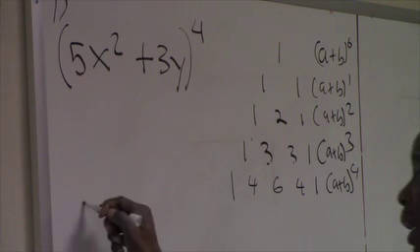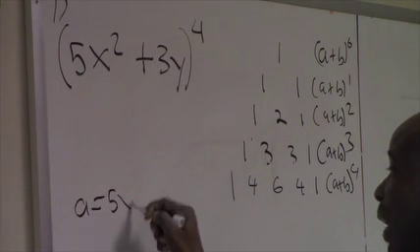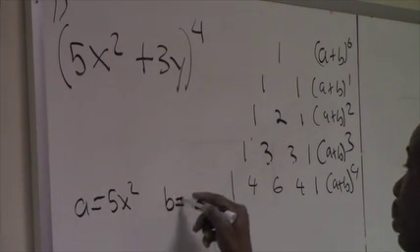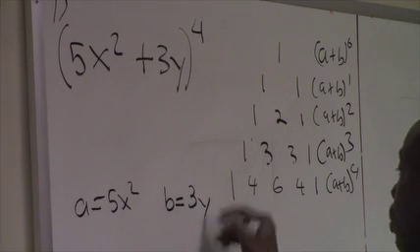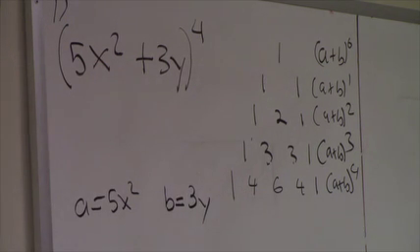So let's set it up. Our a in this problem is going to be 5x squared. Our b in this problem is going to be 3y. So this is how our answer should look.